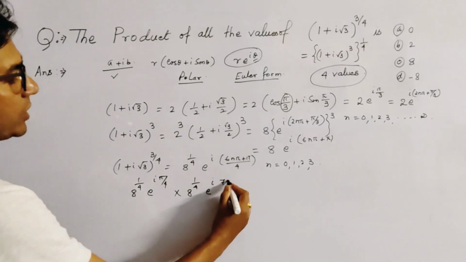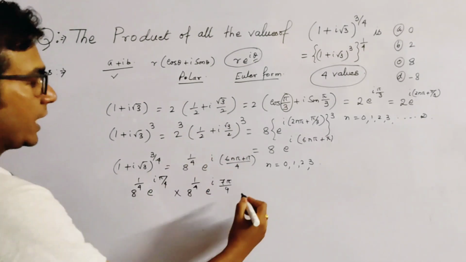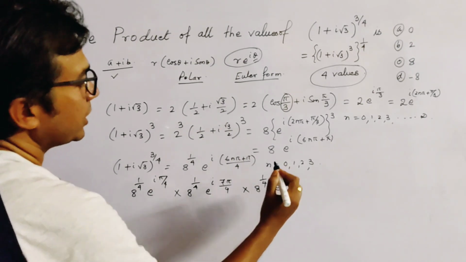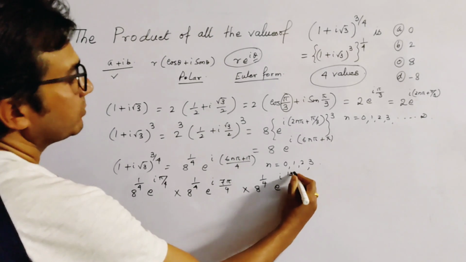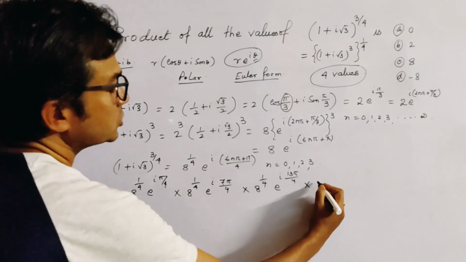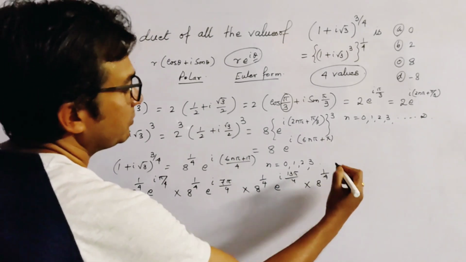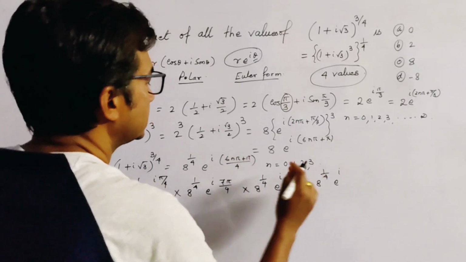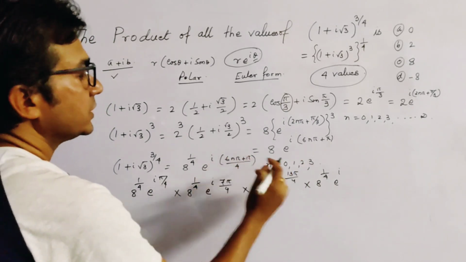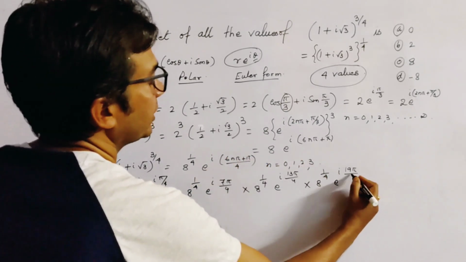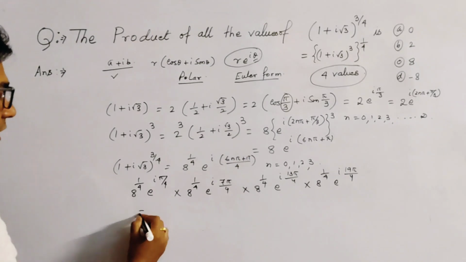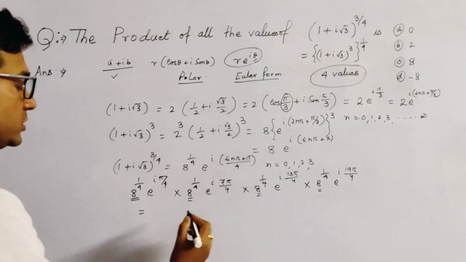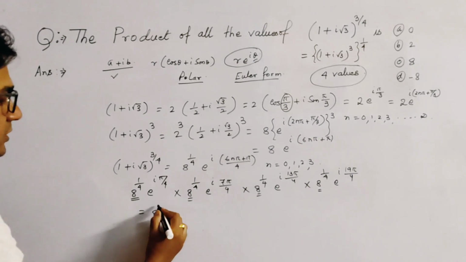The third is 8 raised to 1 by 4 into e to the power i into 13 pi by 4, and the last one, for n equal to 3, is 8 to the power 1 by 4 into e to the power i into 19 pi by 4.